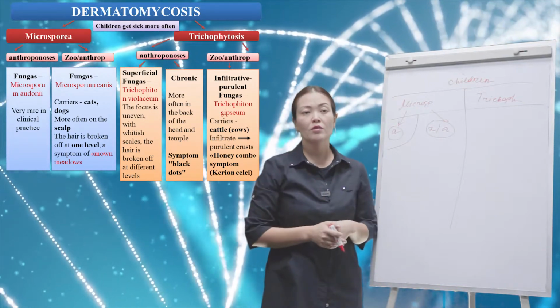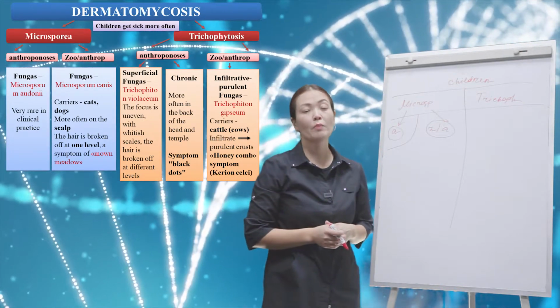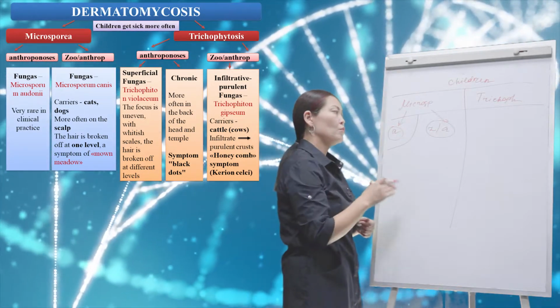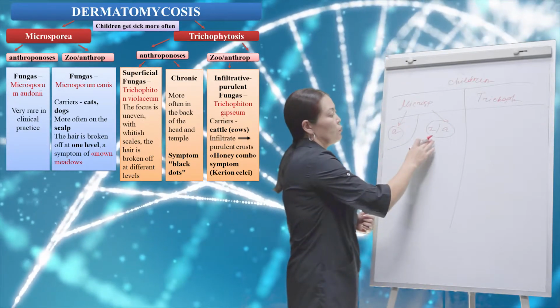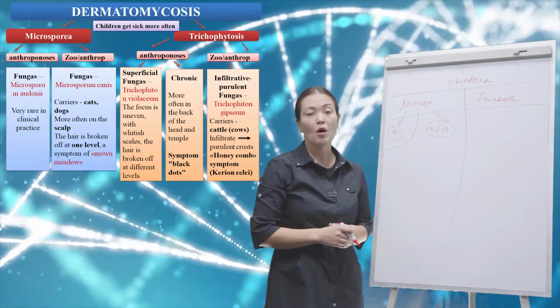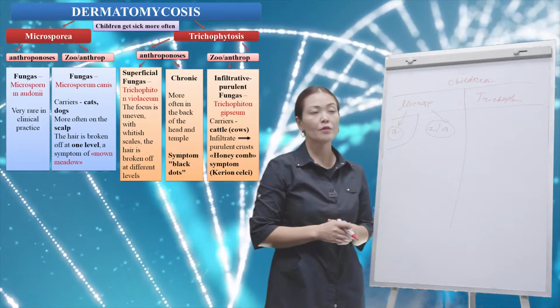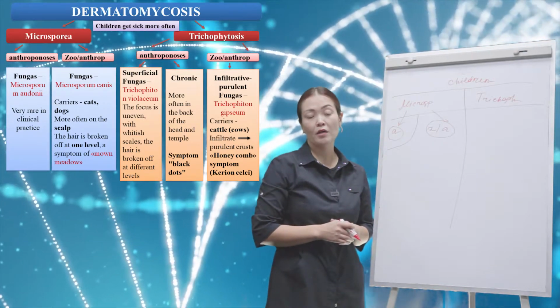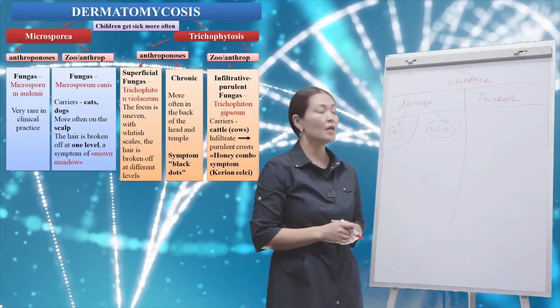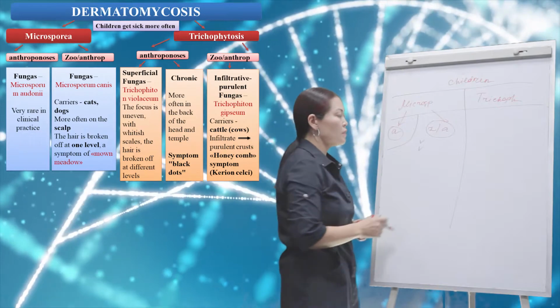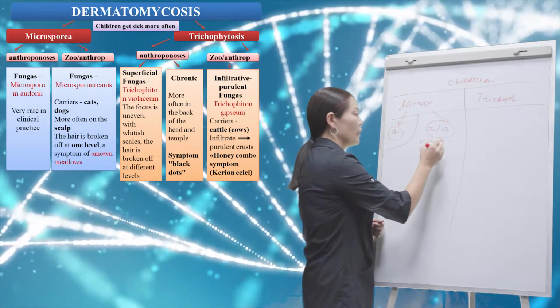For example, I have worked three years in a dermatovenerology department and I still haven't seen microsporia transmitted from person to person. Mostly you will see the zooanthroponosis type of this infection. This disease is provoked by a specific fungus called Microsporum canis, and the main animals from which you can catch this disease are cats and dogs.